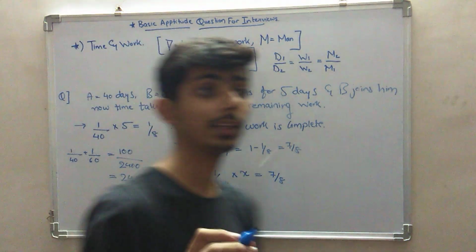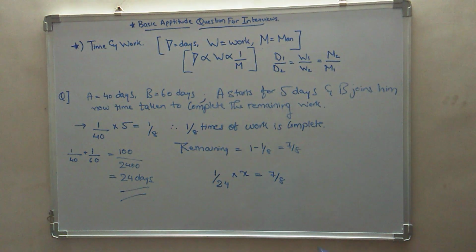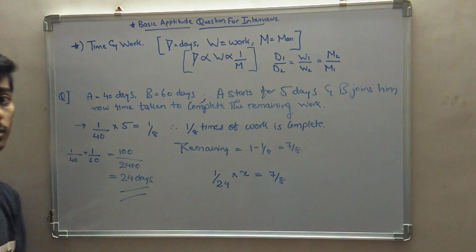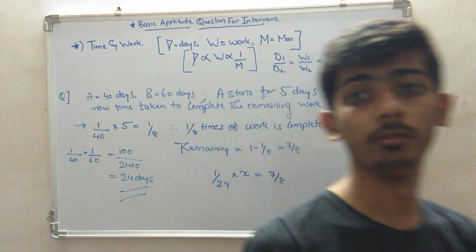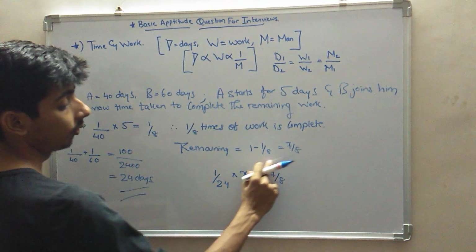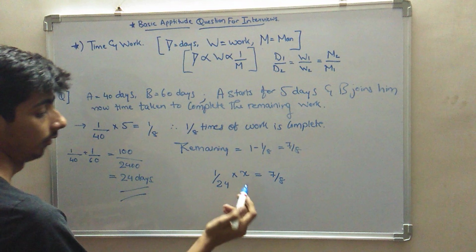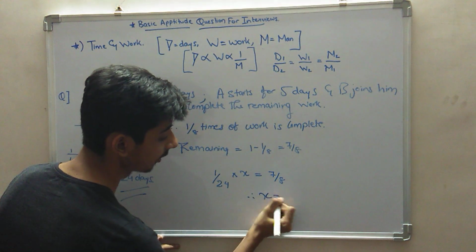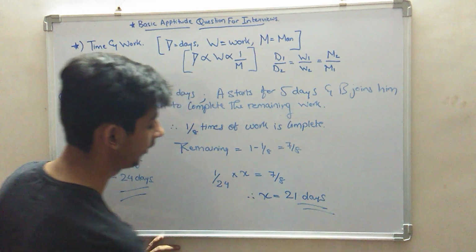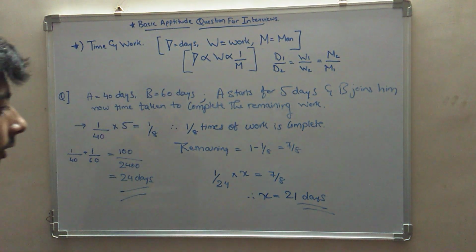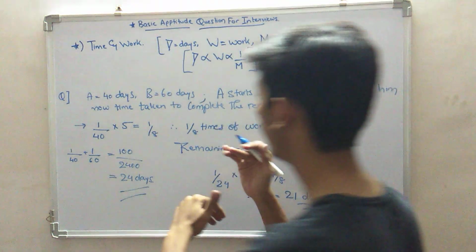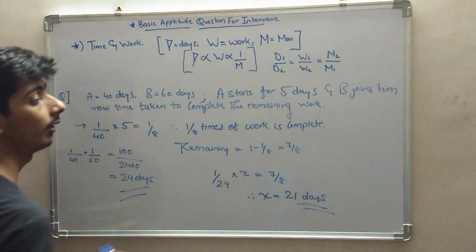But A has started working 5 days earlier, so the efficiency of doing the work will be multiplied with the number of days for only 7 by 8. Therefore, when we find x, it is equal to 21 days. It takes them 21 more days to complete the remaining work.